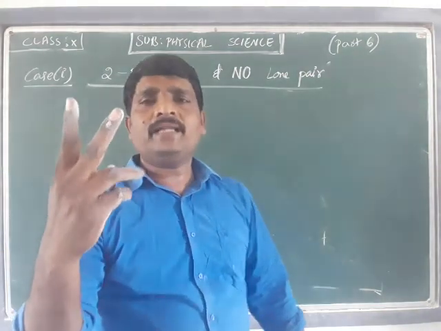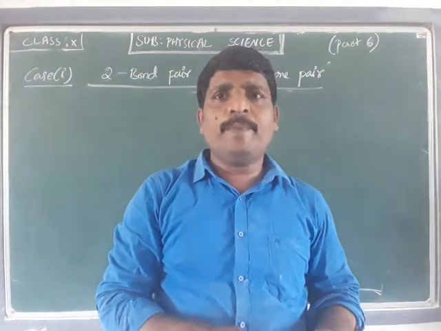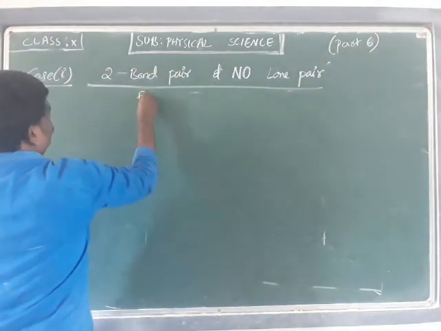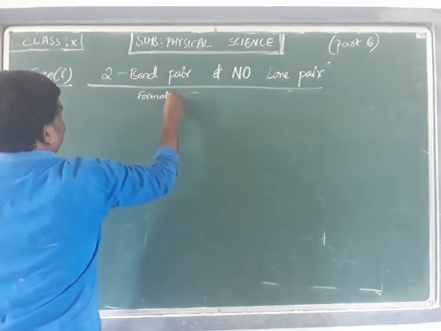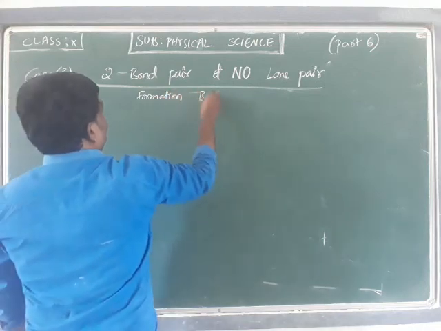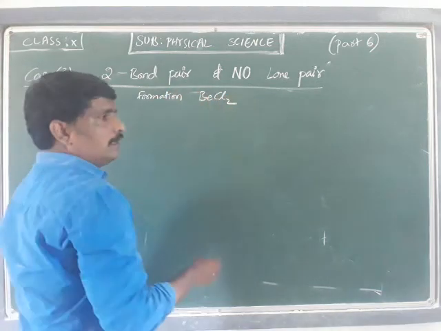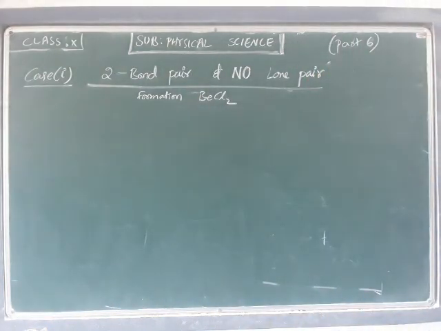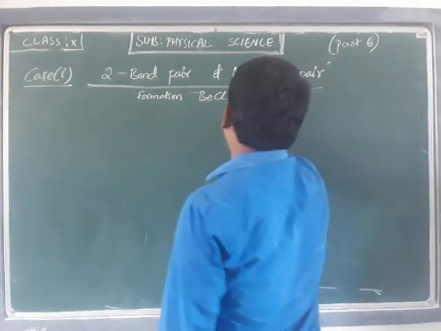There are 2 bond pairs but no lone pair at all. The example is the formation of the BeCl2 molecule, beryllium chloride.